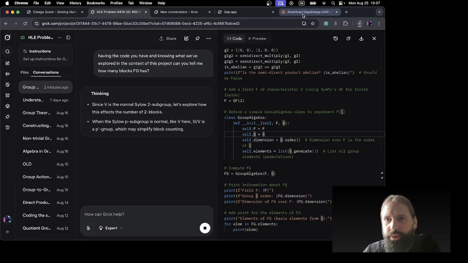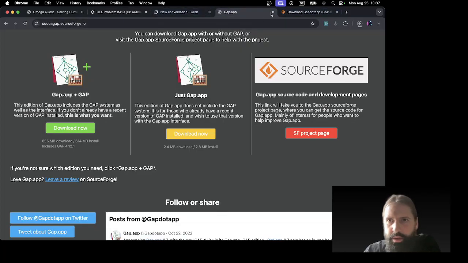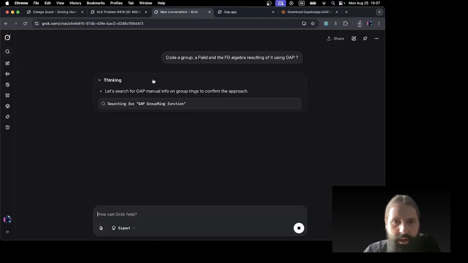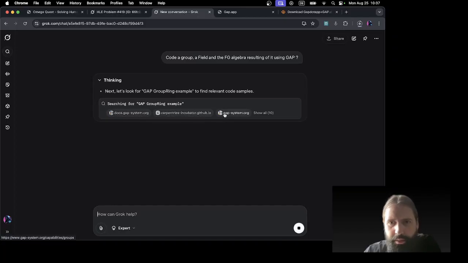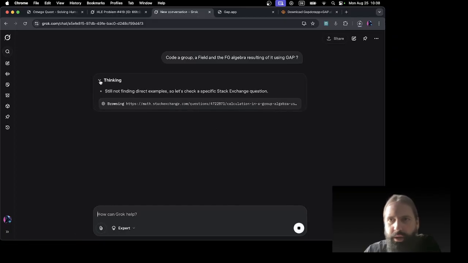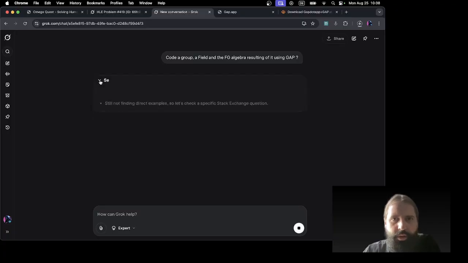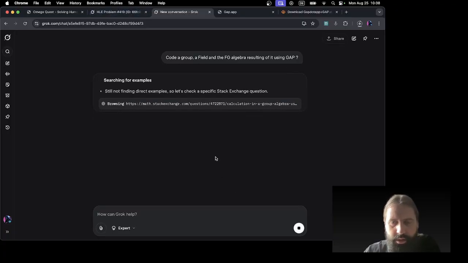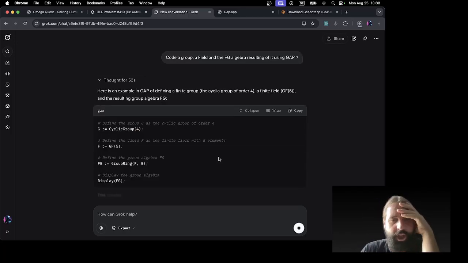Come on, you can do these. It's actually thinking at gapsystem.org. Okay, cool. To be honest, it's quite interesting how much searching it actually needs to do.